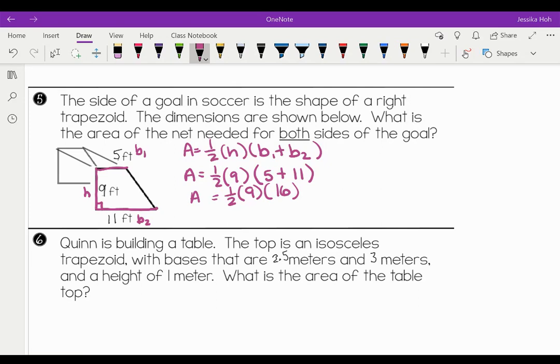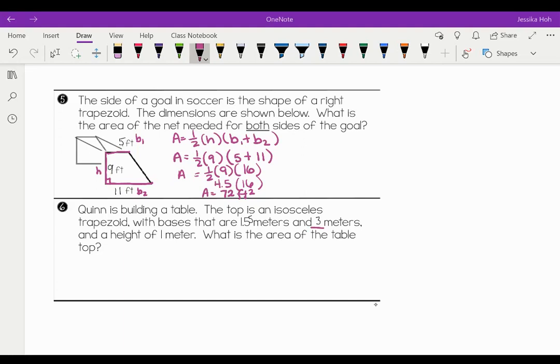We can do 1/2 times 9, which gives me 4.5 times 16. And that gives me area equals 72. And we're using feet squared.